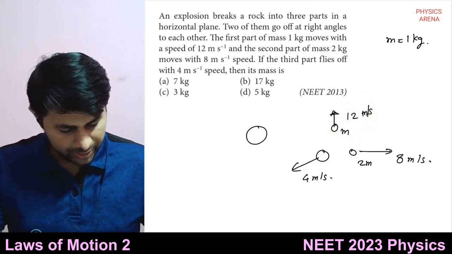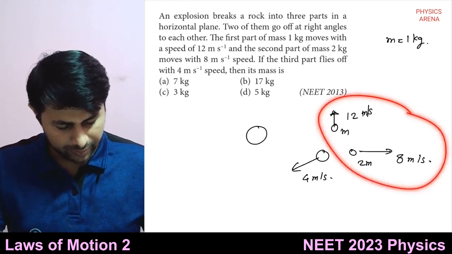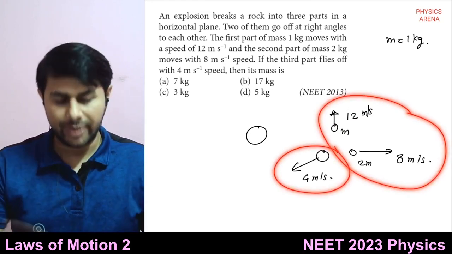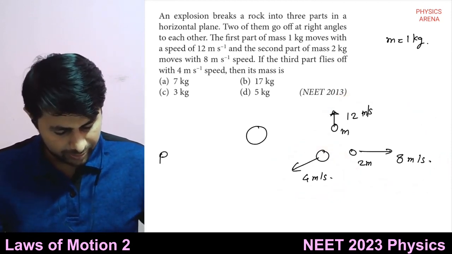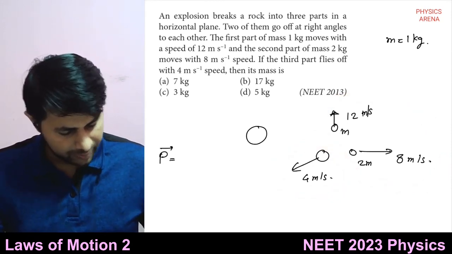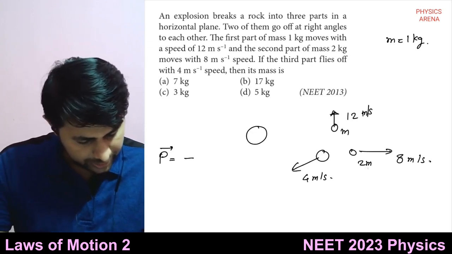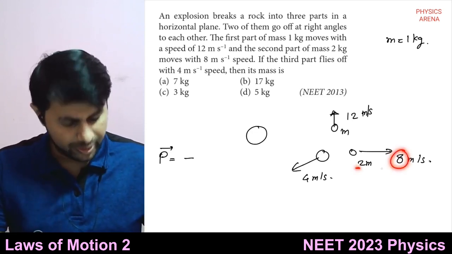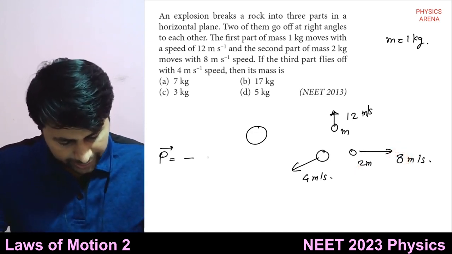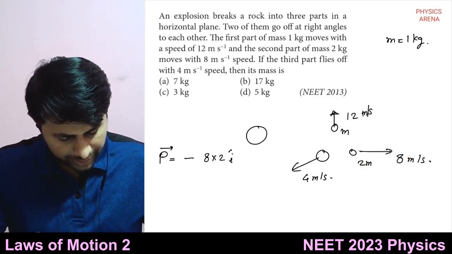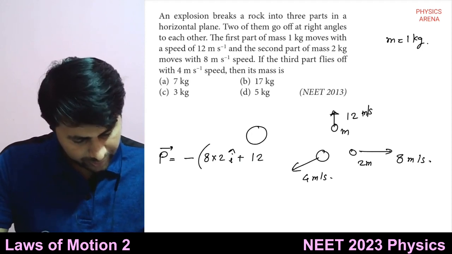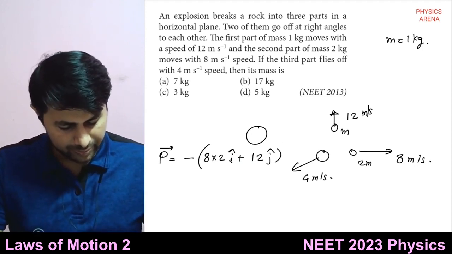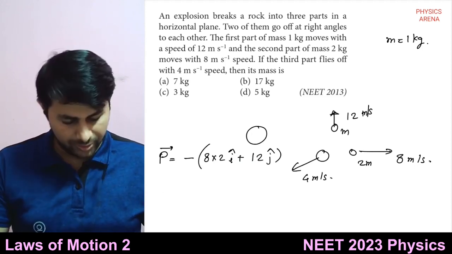First of all, let's find the momentum of these two, and the momentum of the third one will be in the opposite direction. So the momentum is 8 times 2 into i cap plus 12 times 1 into j cap, since m is equal to 1.